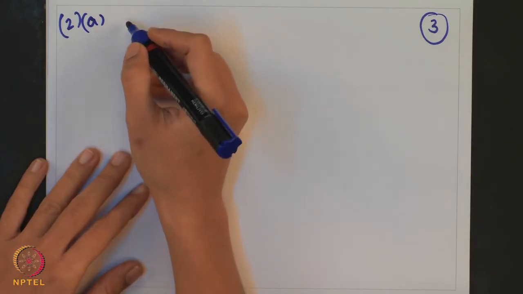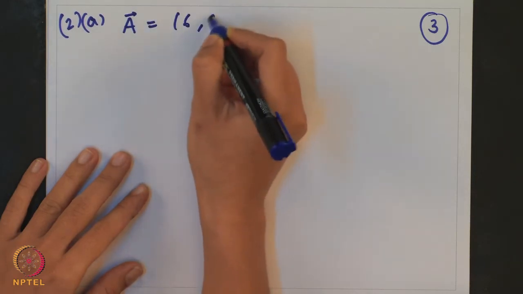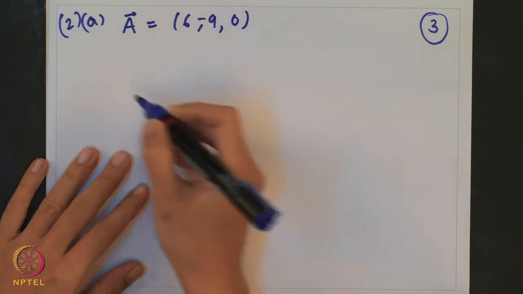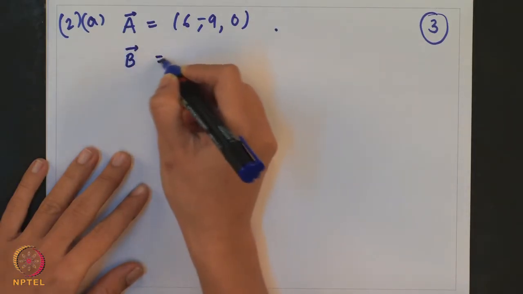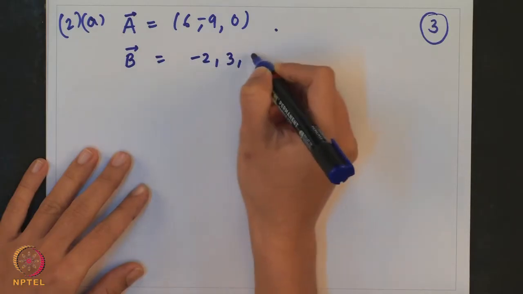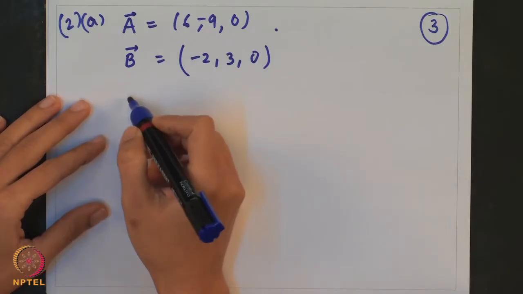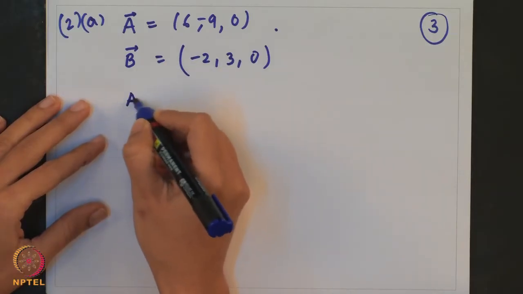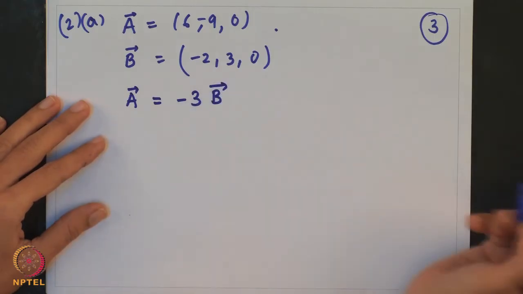In the first problem you have a vector A and vector B is -2, 3 and 0. From this itself you can see that vector A is -3 times vector B.